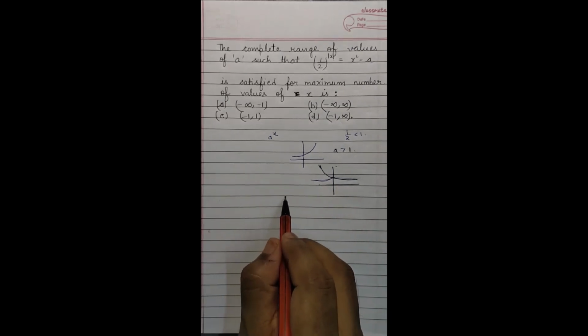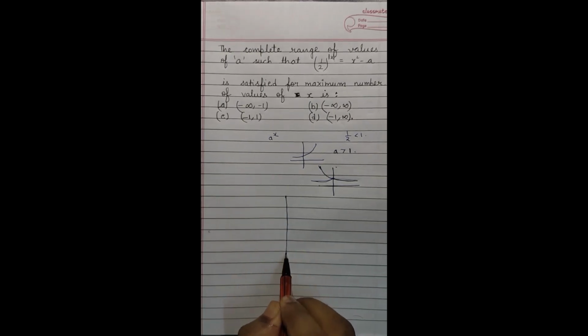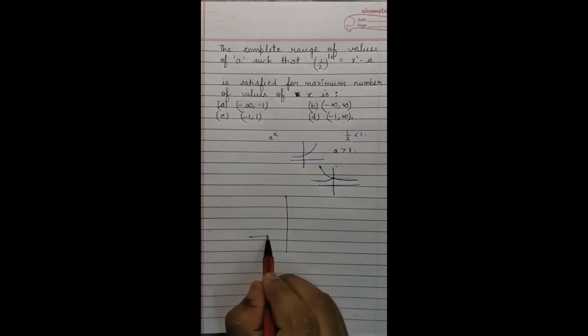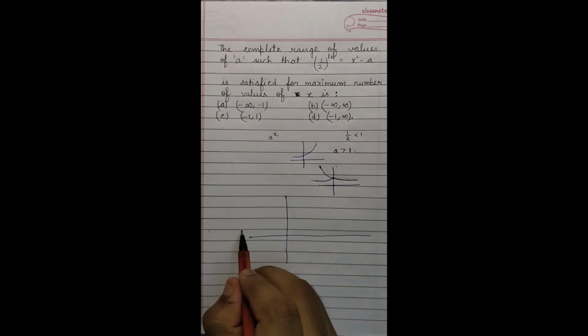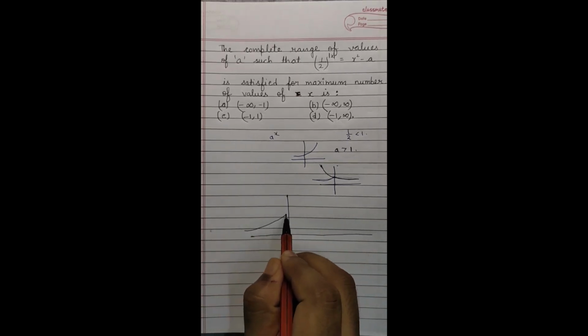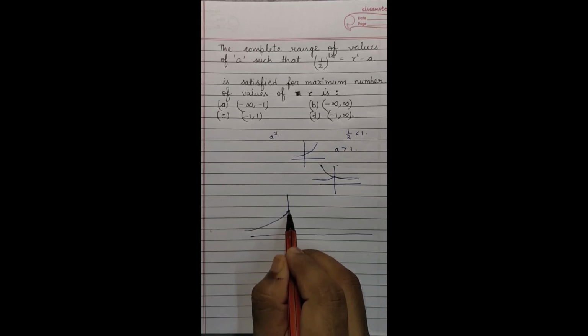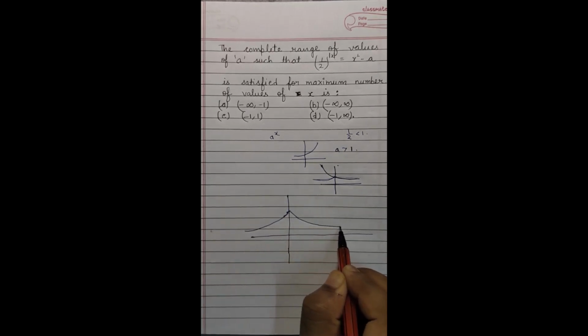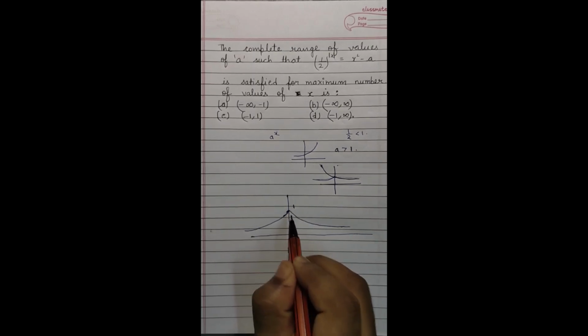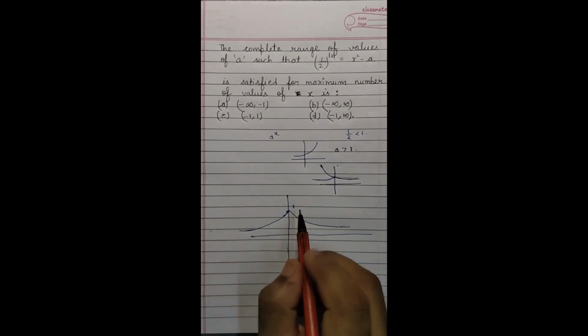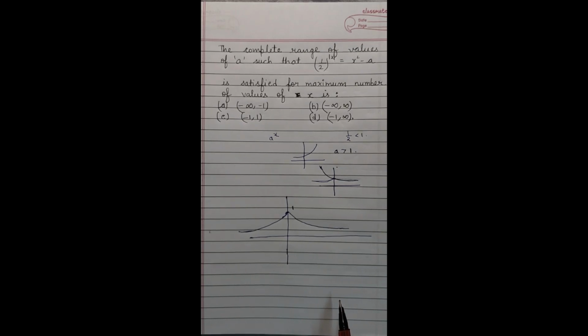Now I'll draw it properly here. It becomes like this. This is y equal to 1. Now this is the graph of 1 by 2 to the power mod x.